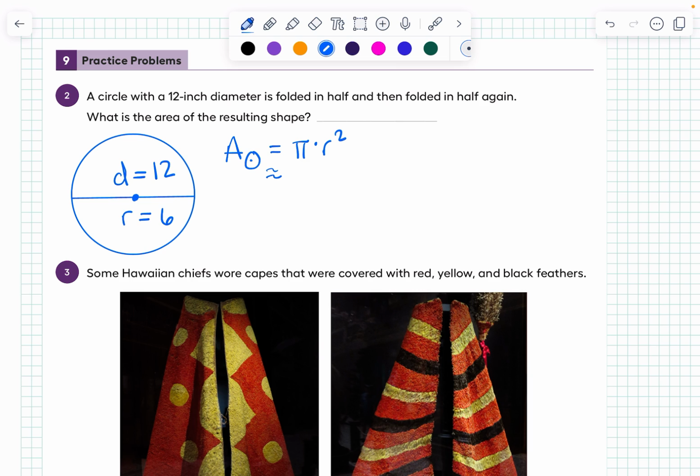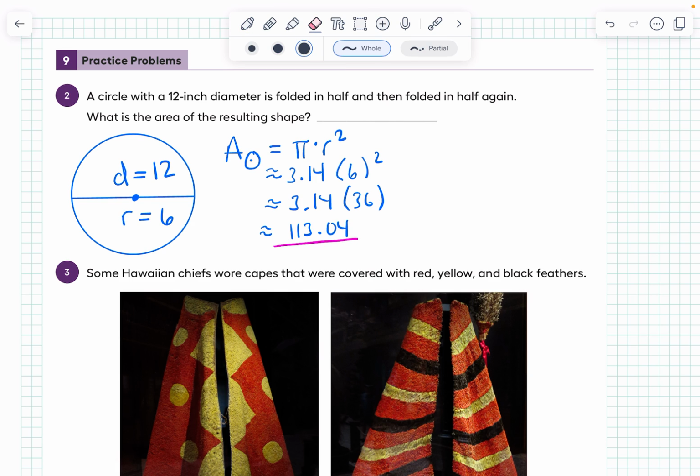Now it's time to plug and substitute. 6 squared is 36, and 3.14 times 36 is 113.04.